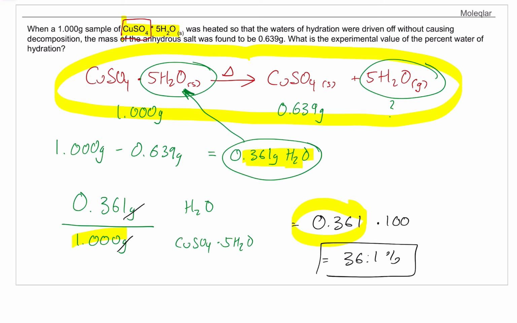It just so happened that it was the same number as this because our original sample was 1 gram. But we could do this with any mass. If our original mass was, like, 39.45 grams, we could do the same process and get to a decimal that we can turn into a percentage.